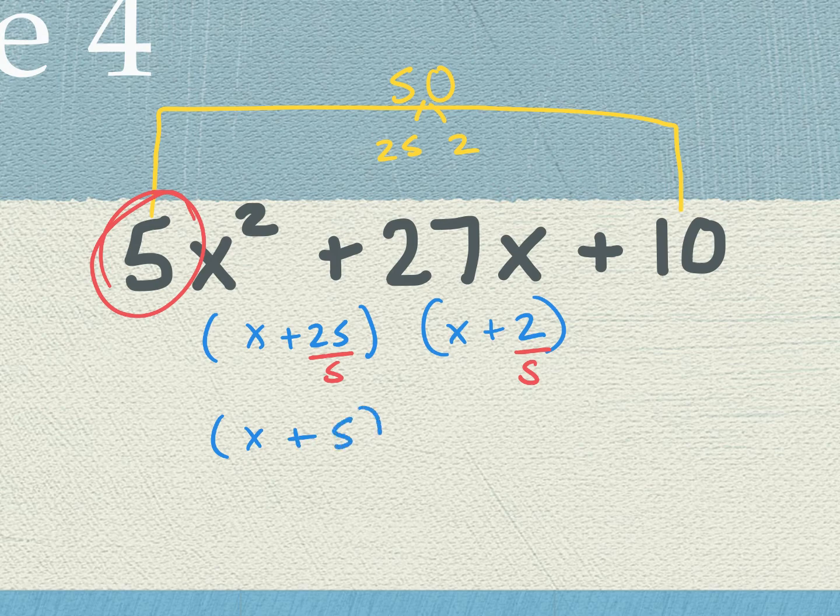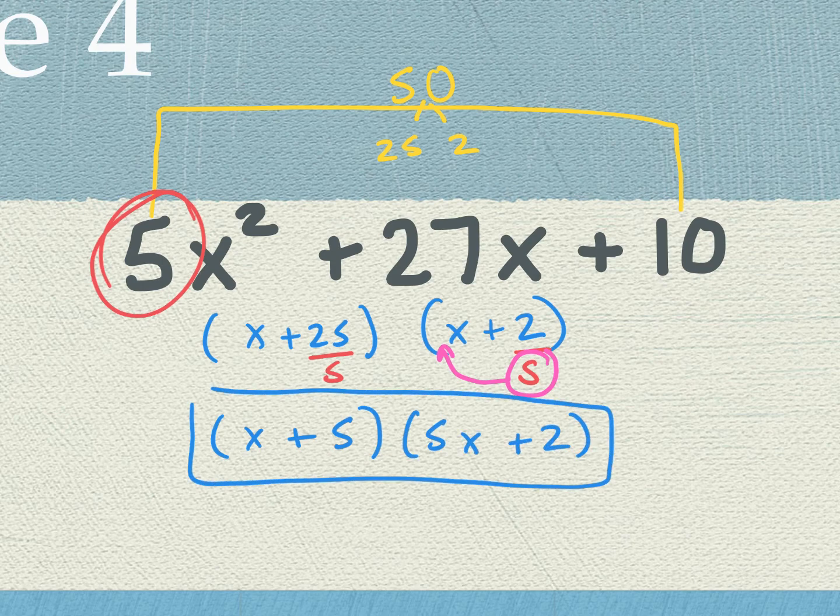So this becomes x plus 5. What do I do with the 5 if it doesn't divide? Put it in front of the x. Awesome. So this is 5x plus 2. That's your answer.